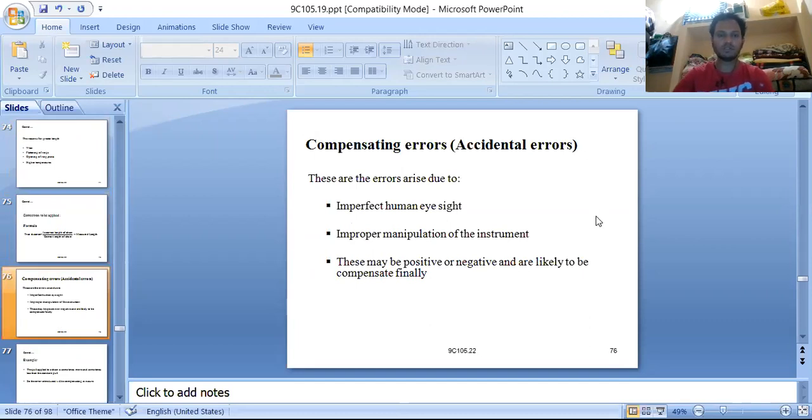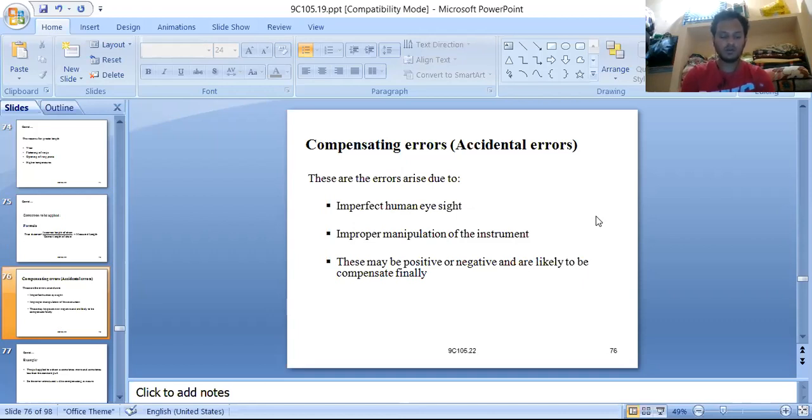And we have compensating errors. These are not too dangerous because they are compensating in nature. These are errors that arise due to imperfect human eyesight, improper manipulation of the instrument. These may be positive or negative, and are likely to be compensated finally.